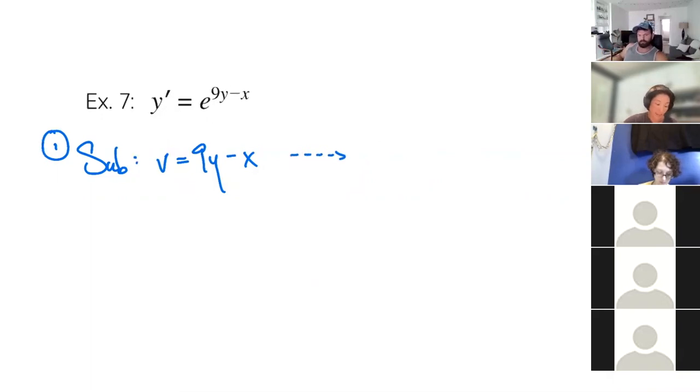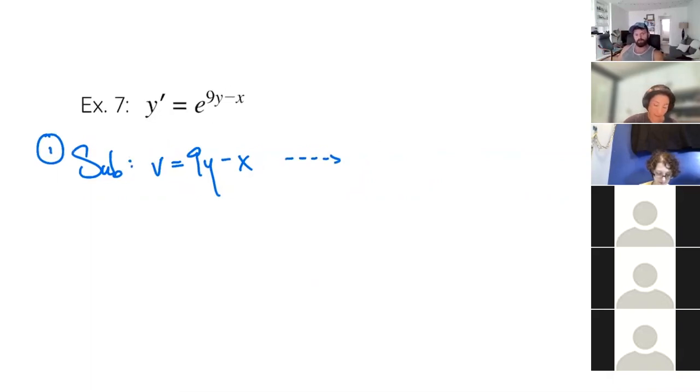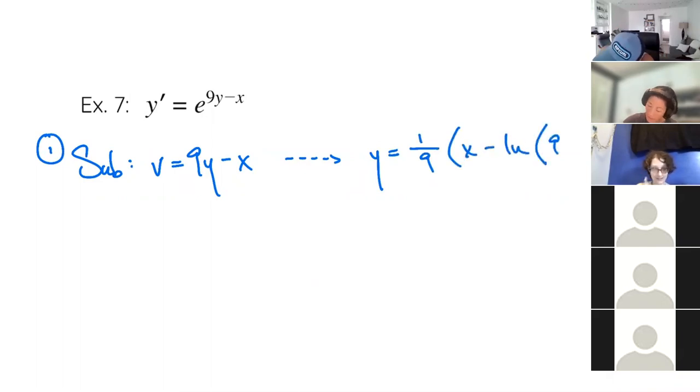The goal answer is y equals 1/9 x minus natural log of 9 minus c e to the x. All right, so there's your substitution. There's your goal answer.